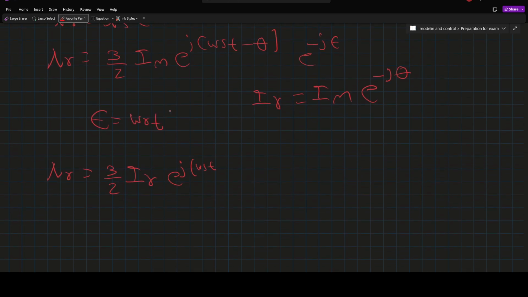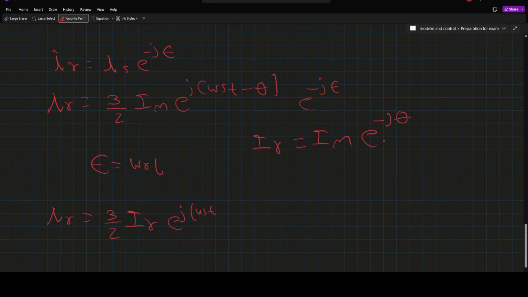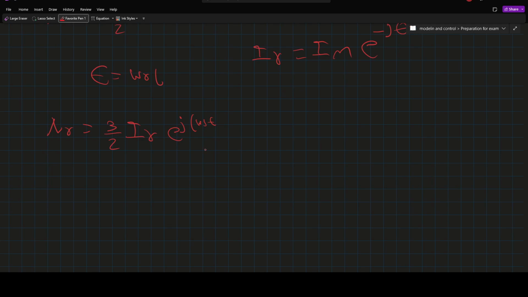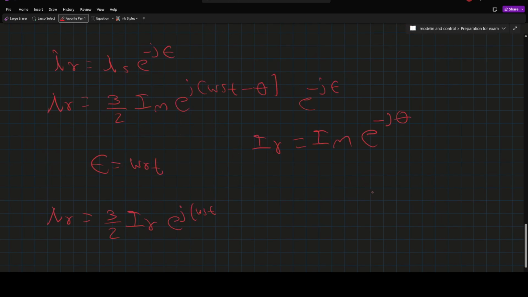So this is the angle between the phases. I'm just gonna give a quick explanation here. So here we have our alpha beta component in our stator.